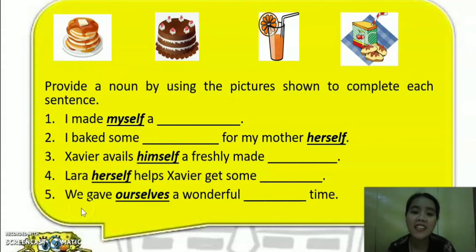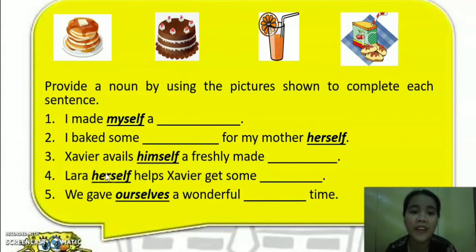Last sentence, we gave ourselves a wonderful blank time. Okay, again, put the noun in the blank. So I hope you're writing your answer, class, so that later you'll have an oral point. Now observe the sentences that I have shown you.